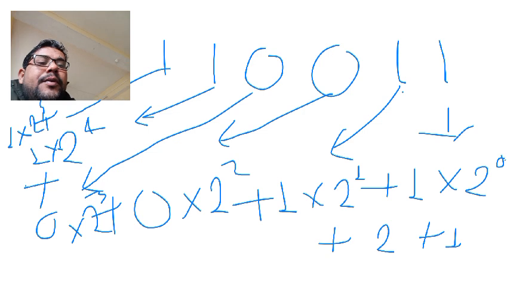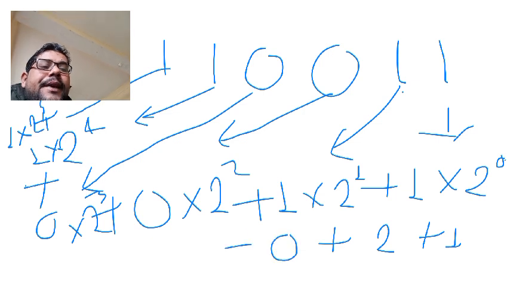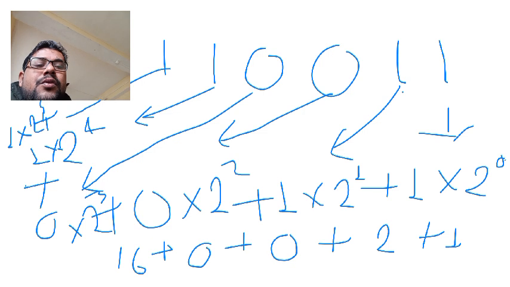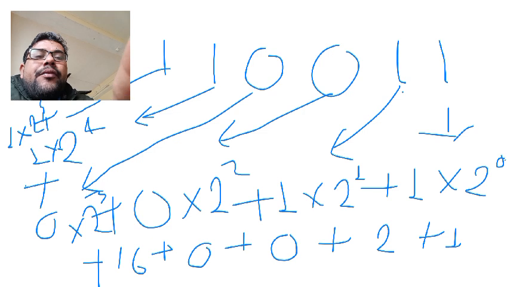Plus 2 to the power 2 is 4, times 0 is 0. Plus 2 to the power 3 is 8, times 0 is 0. Plus 2 to the power 4 is 16, times 1 is 16. Plus 2 to the power 5 is 32, times 1 is 32.